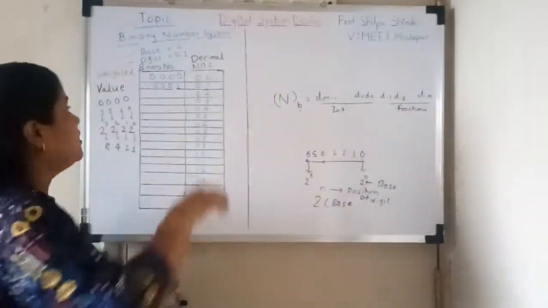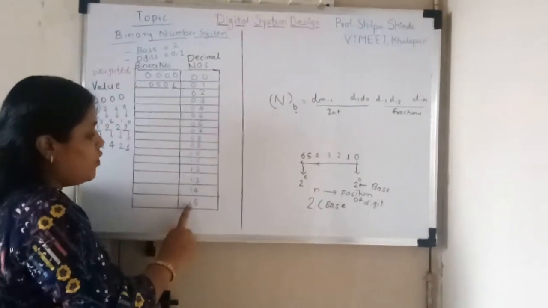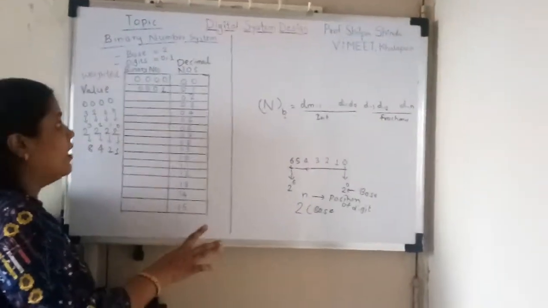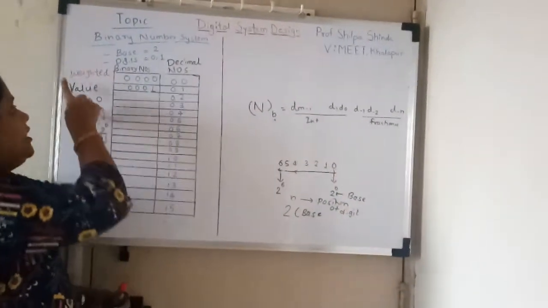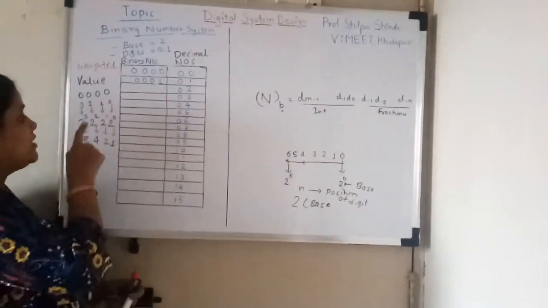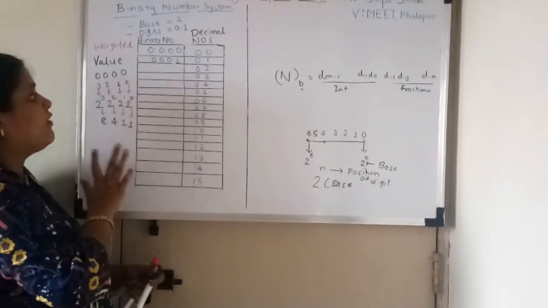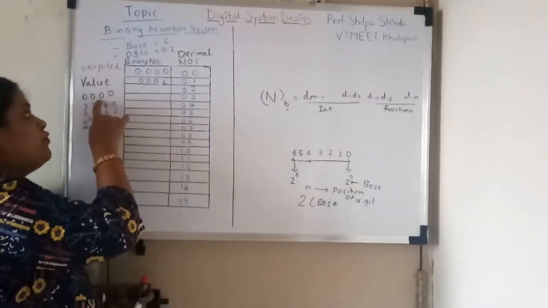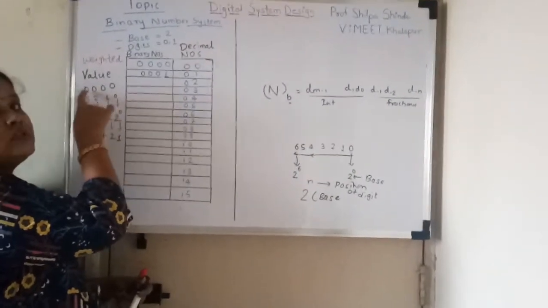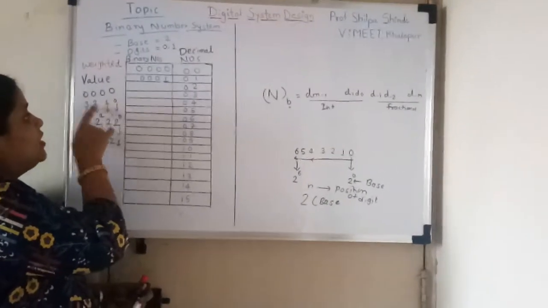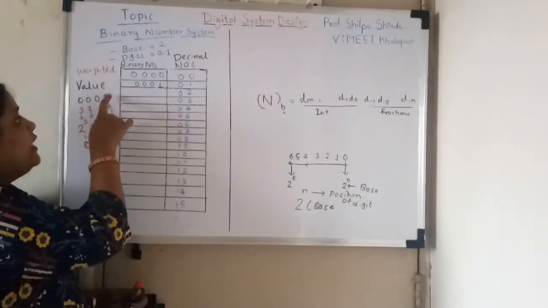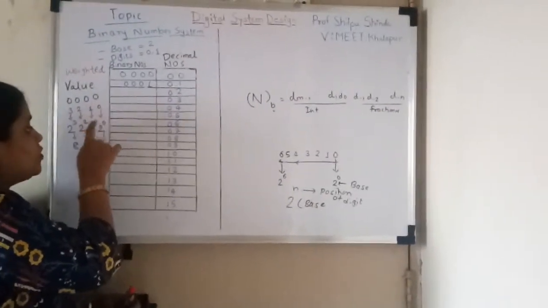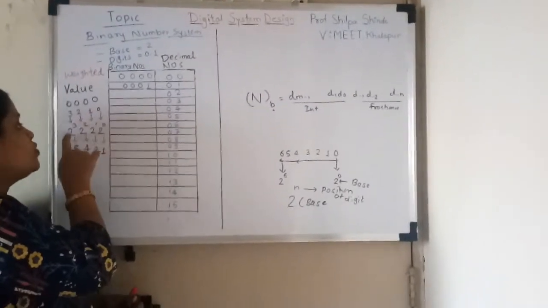So I have written the decimal numbers 0 up to 15. Here I have written the weighted value calculation. For the example, we have the 0 position, 1 position, second position, third position, and the value of that bit is calculated this way: 2 raised to 0, 2 raised to 1, 2 raised to 2, 2 raised to 3.